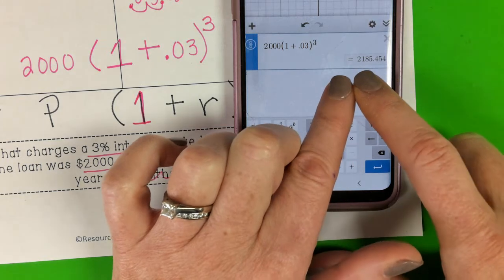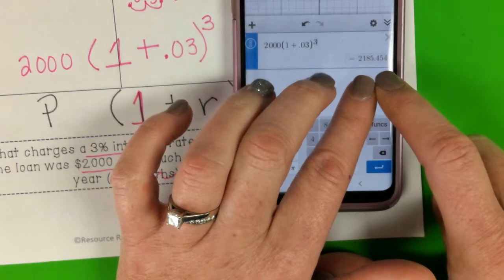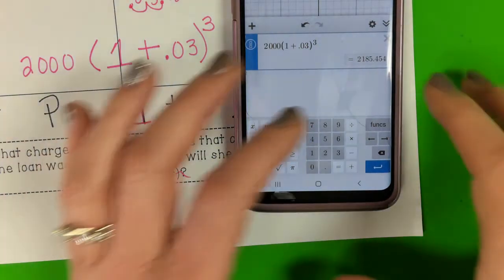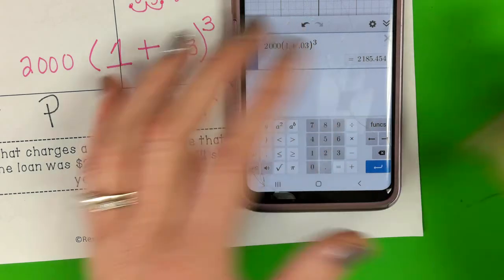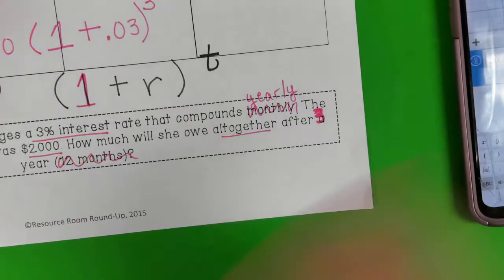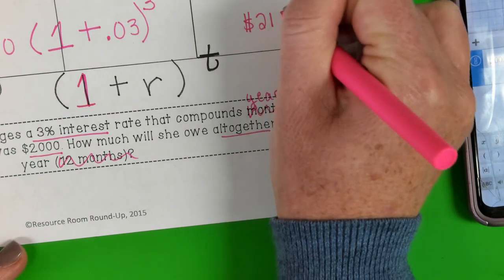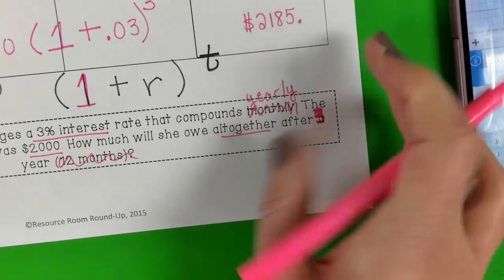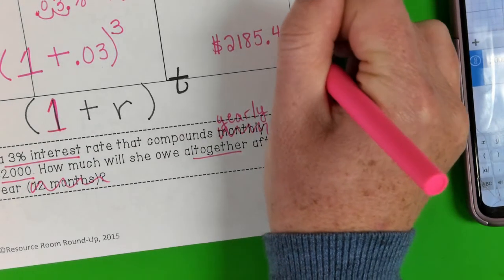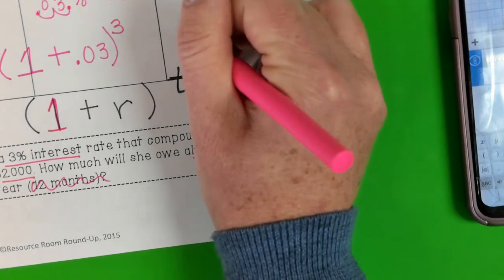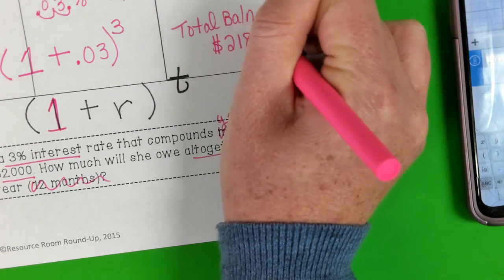So this would be $2,185, and money always goes to the hundredths place, so it'd be $2,185.45. So the total balance, how much Jasmine has all together, is $2,185.45. This is her total balance.